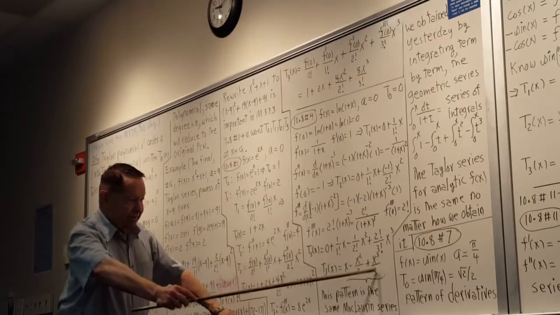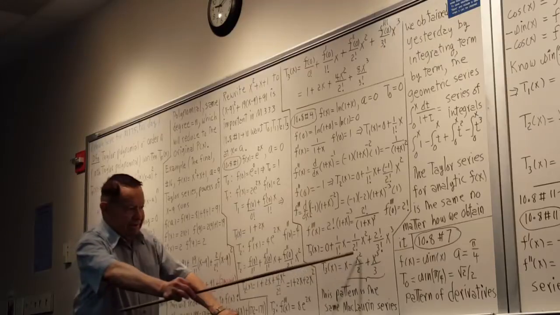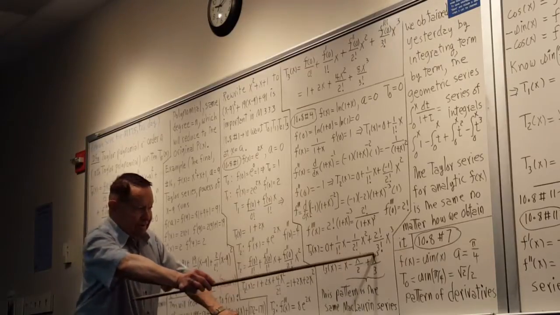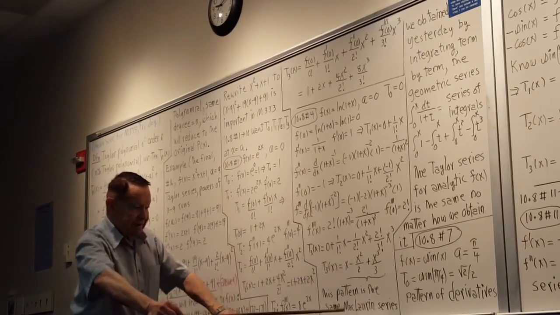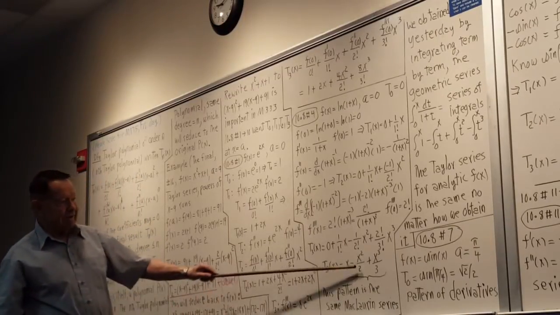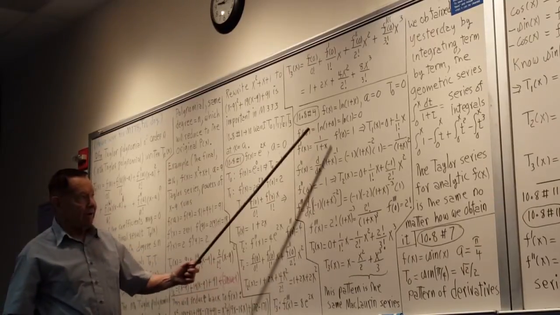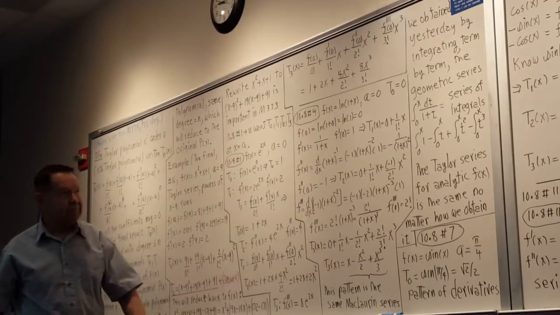And that'll simplify to something like this. So you're getting x minus x squared over 2 plus x cubed over 3. And that's the same Maclaurin series that we had when we worked with this yesterday for log of 1 plus x.